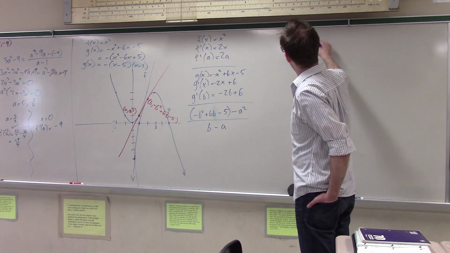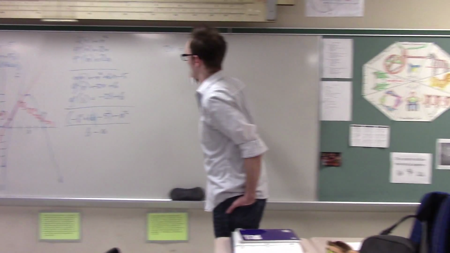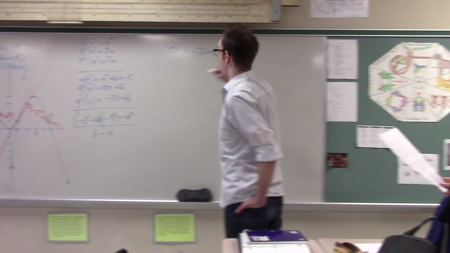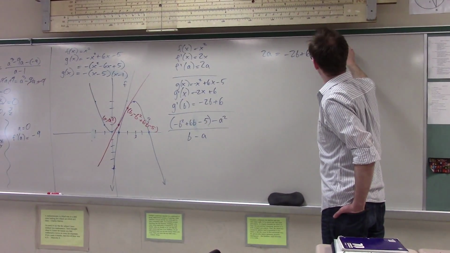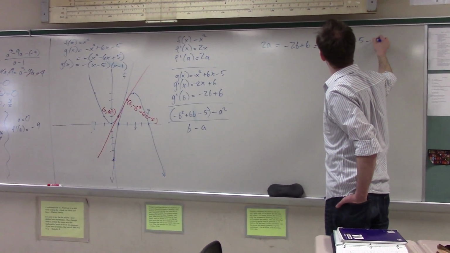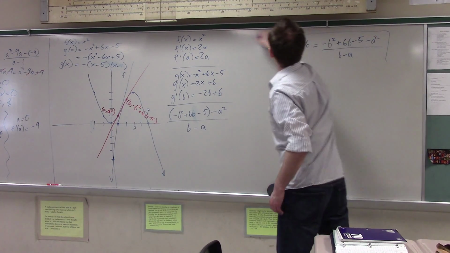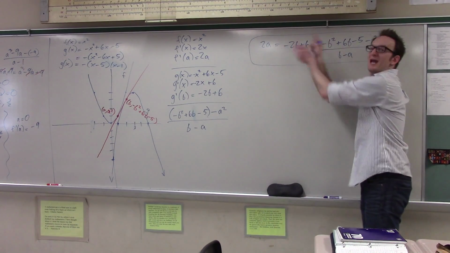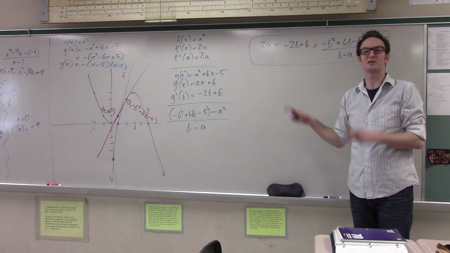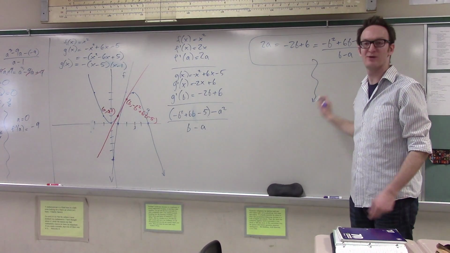That 2a is negative 2b plus 6 is also that negative b squared plus 6b minus 5 minus a squared over b minus a. And even though this looks like one big equation, you can take them 2 at a time, and so you actually have a system of equations you have to solve, which is still not that easy, right? There's more work to do.